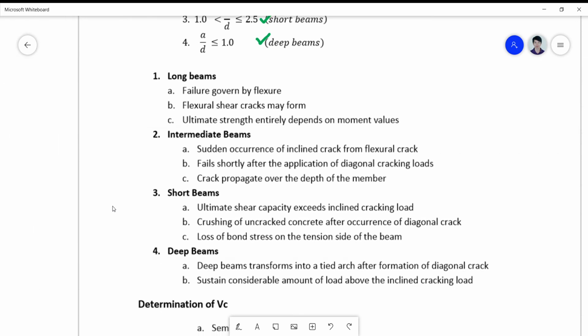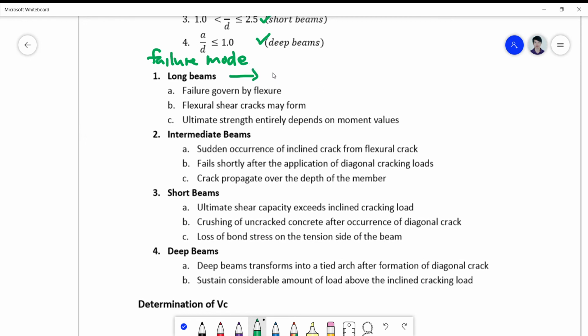So we are now in the context of trying to understand the failure pattern or mode of these different types of beams. For long beams, failure is governed by flexure, because this implies a dominance in flexure, therefore it will fail in flexure, or is critical.